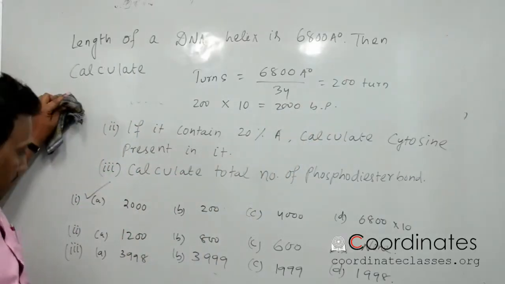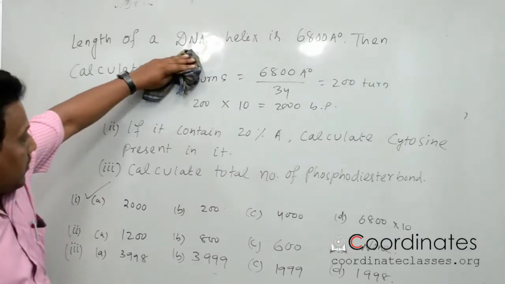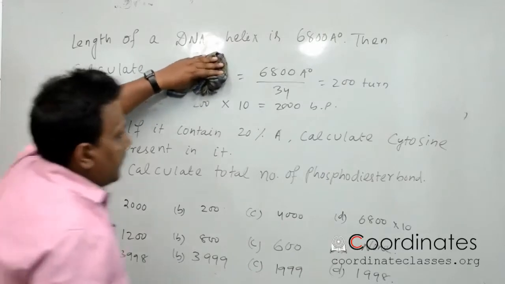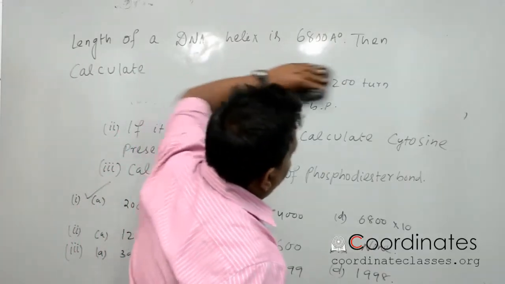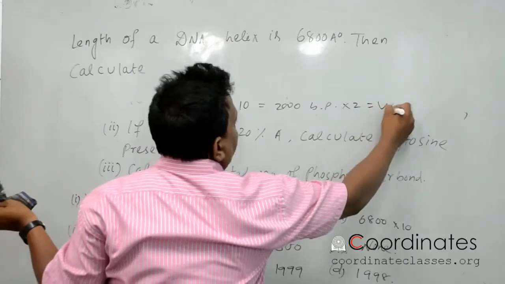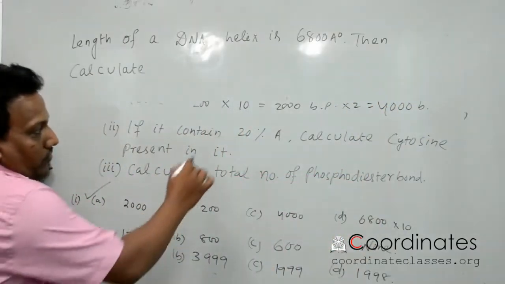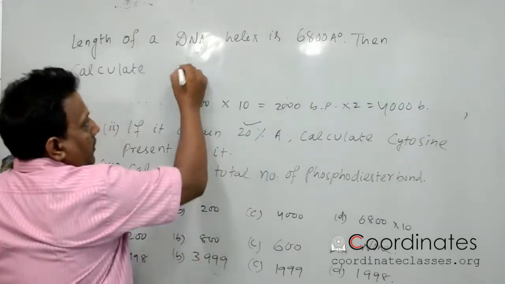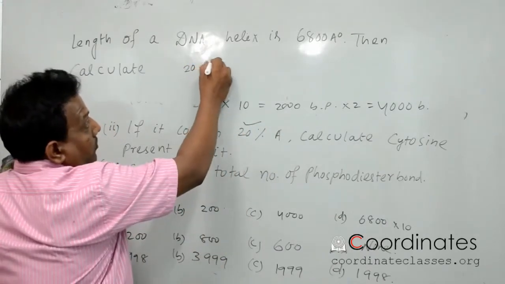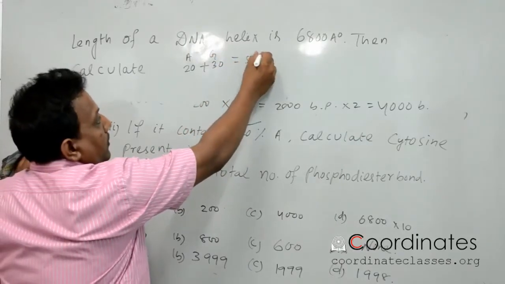Then the second question: if it contains 20% adenine, calculate the cytosine present in it. Now there are 2000 base pairs. 2000 base pairs means 4000 bases. According to the question, there is 20% adenine. And Chargaff's rule says that adenine plus guanine is equal to 50%.